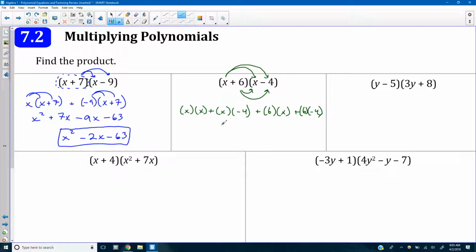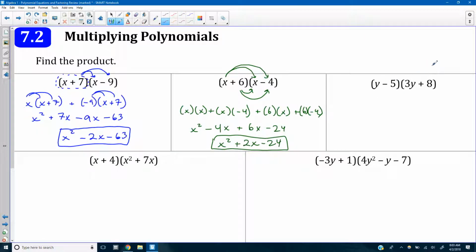Okay? So, x times x is x squared, x times negative 4 is negative 4x, 6 times x is 6x, and 6 times negative 4 is negative 24. Combined like terms, you'll get x squared plus 2x minus 24. And that's all she wrote. That's all, folks.